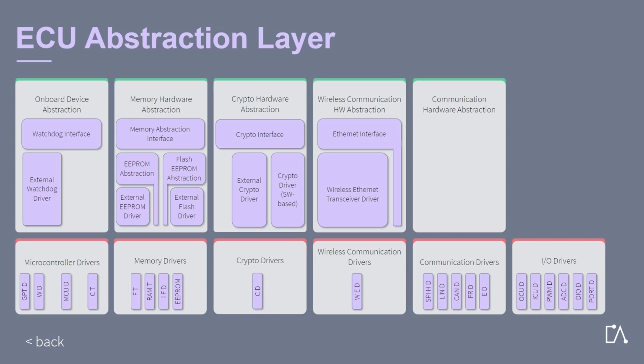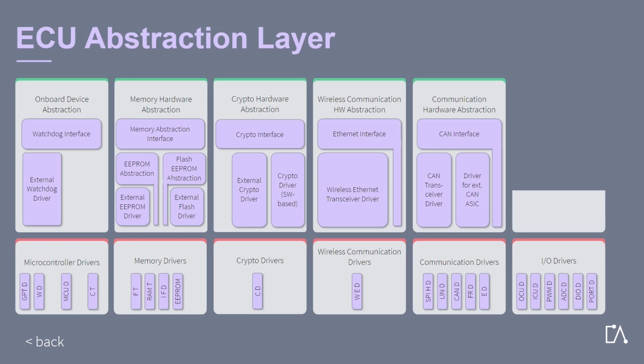The communication drivers are accessed via bus-specific interfaces, for example via the CAN interface. Here you see an example for the CAN bus. In this case, the SPI handler driver, the CAN driver and the DIO driver are used. The main task of this group is to provide equal mechanisms to access a bus channel regardless of its location, which can be on chip or on board.